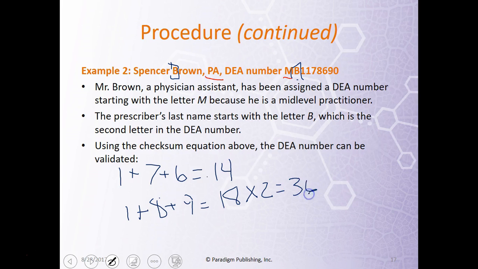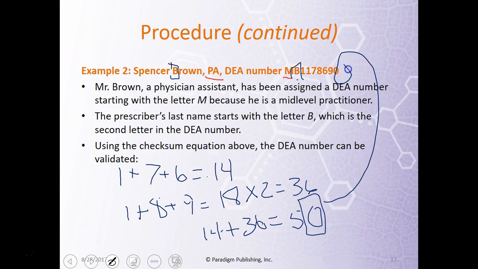So that would be 36. All right. The last step is to take your 14 from your first and your 36 from the second, and we get 50. We're not really concerned about the 5. We just want to look at that last number. Does this digit match the last digit? And it does.